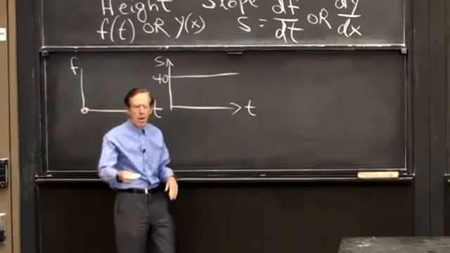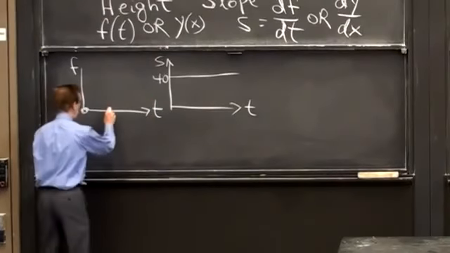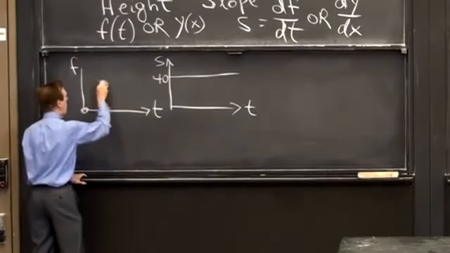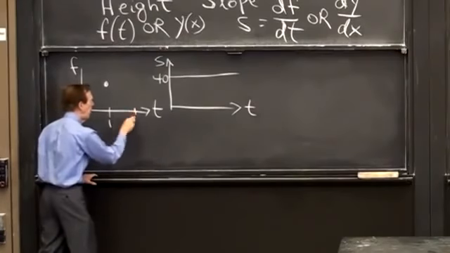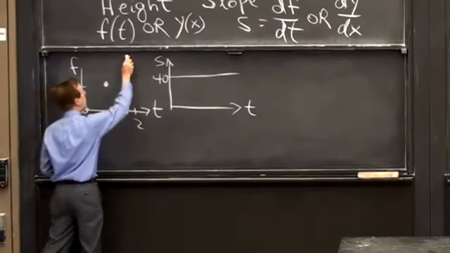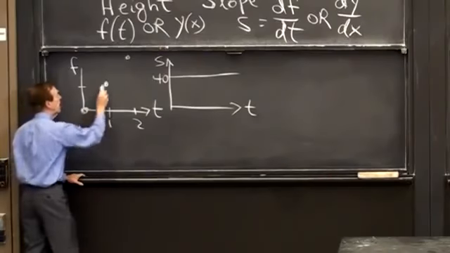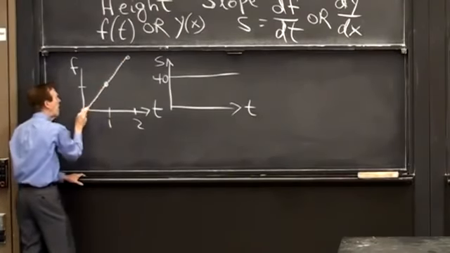After 1 hour, my distance is 40. So if I mark t equal to 1, I've reached 40. That's height of 40. At t equal to 2, I've reached 80. At t equal to 1/2, half an hour, I've reached 20. Those points lie on a line.